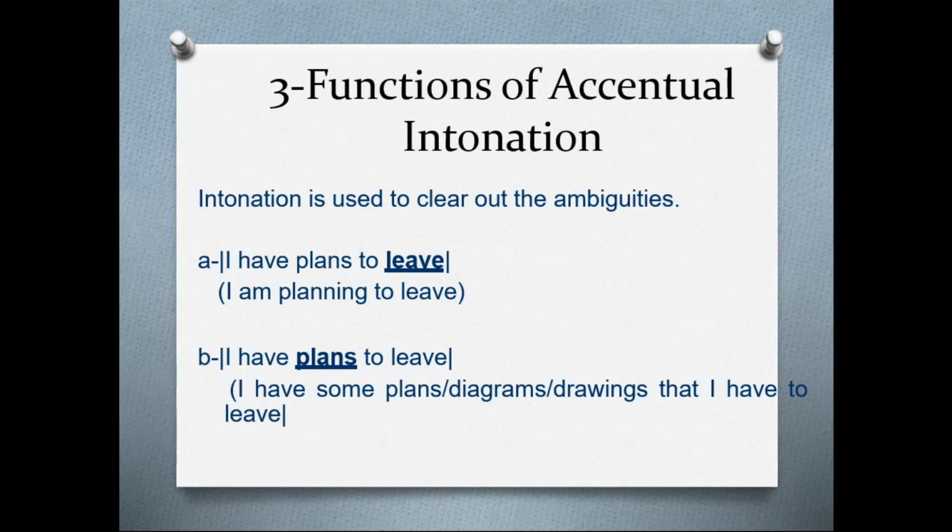If you say, I have plans to leave, that is, I am planning to leave, I am going out. But when you say, I have plans to leave, it means that I have a number of plans which I don't want to use anymore, like diagrams, drawings. So you see, the same sentence with intonation on two different words has two different meanings.